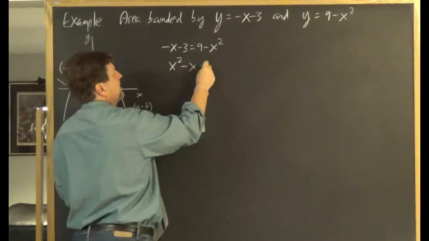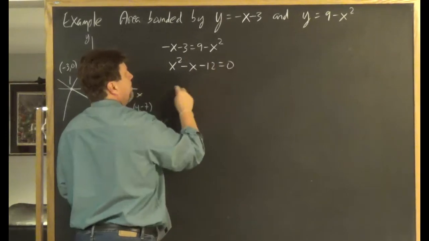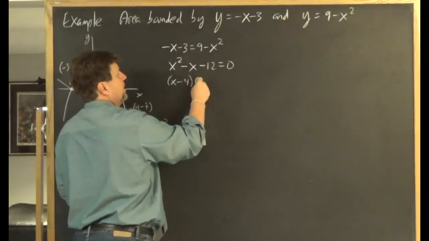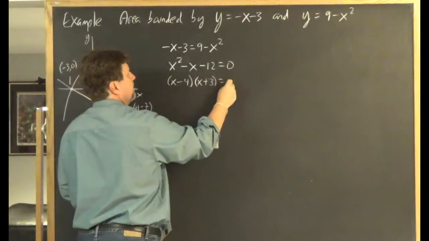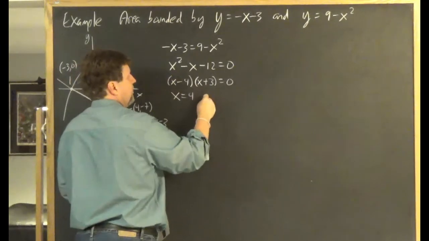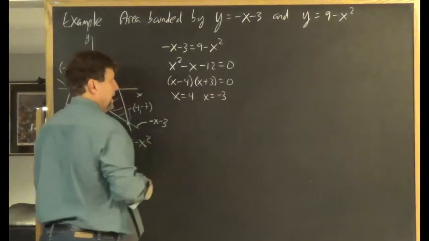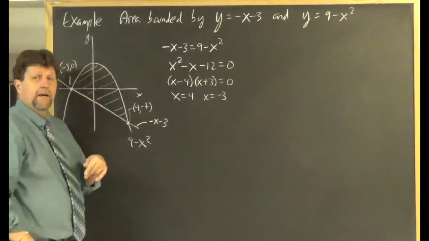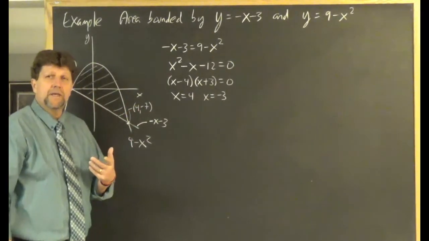So -3 minus 9 is a -12. This factors to x minus 4 times x plus 3. Set each factor equal to 0, and you get x is 4 or x is -3, which we see here, and we saw that when we used the intersect command.